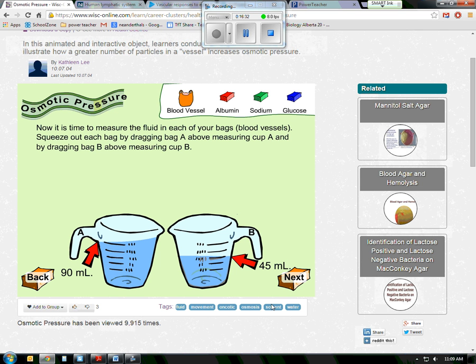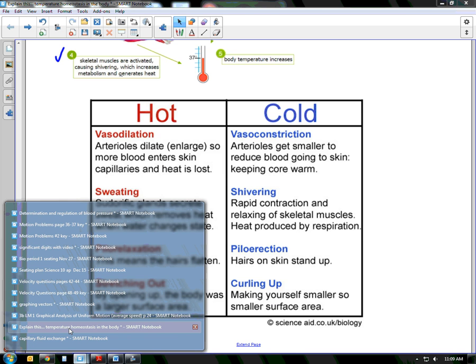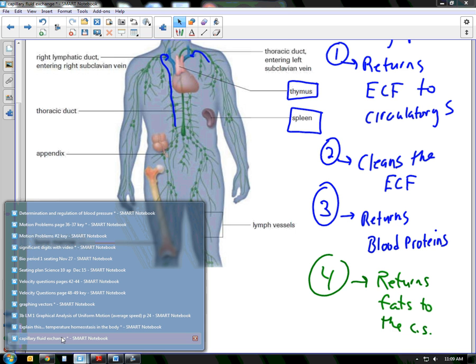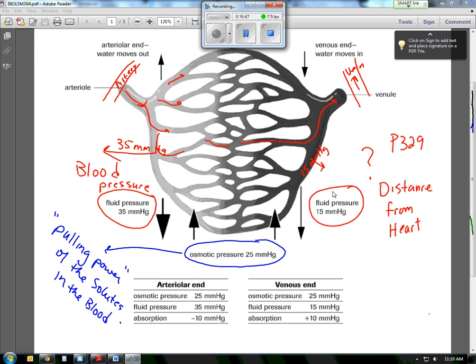Okay, so that hopefully gets you thinking a little bit about osmotic pressure. So if we go back to this other diagram again. Let's just pause. If you take a look here, what this is saying is the drawing power of water back into the blood vessels never changes.